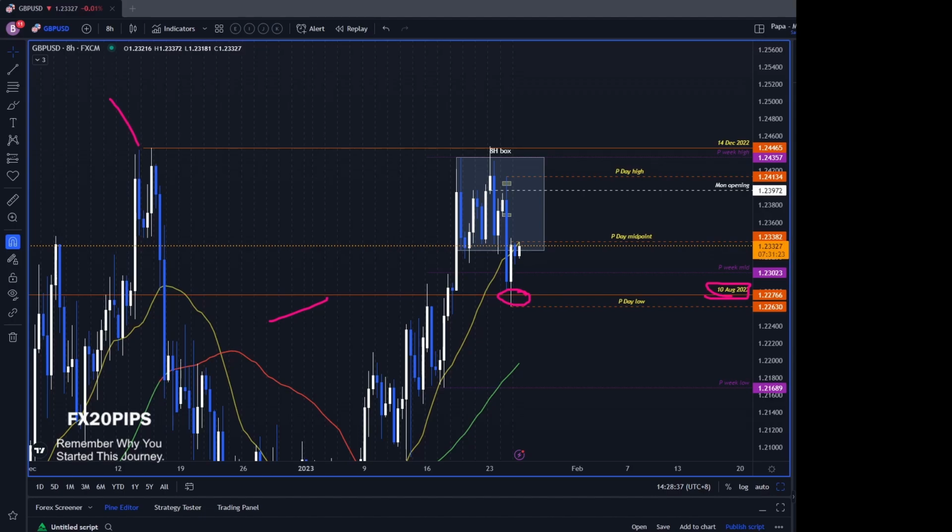You may wonder why price dropped around here. I have a 4-hour block that was here. Basically, price came up, broke the structure and went up there, so what you see is the break of structure here. And where is the last candle?